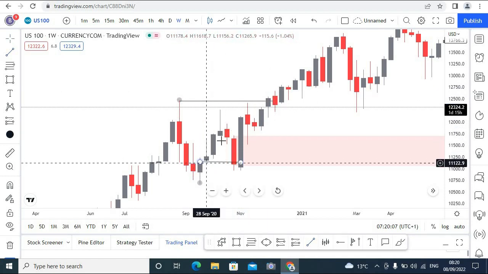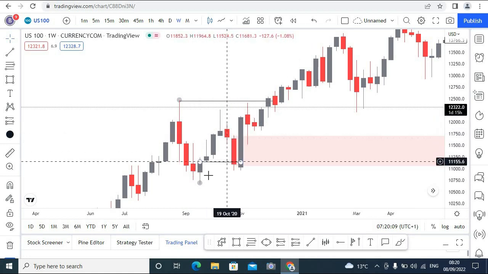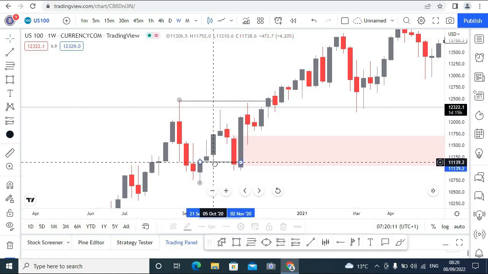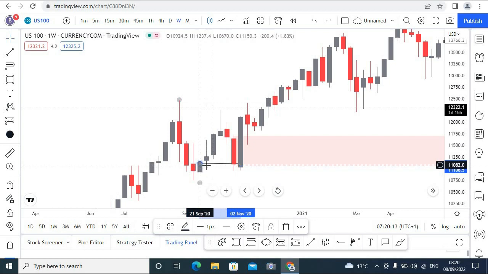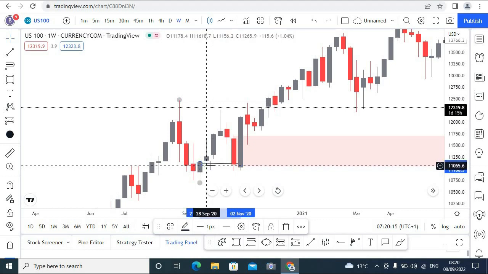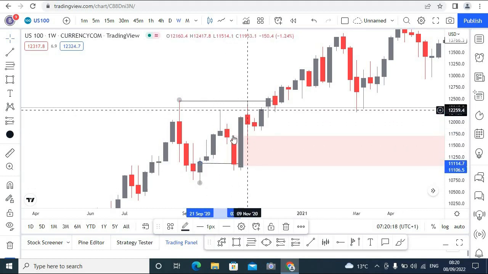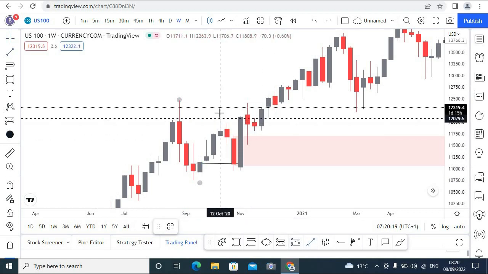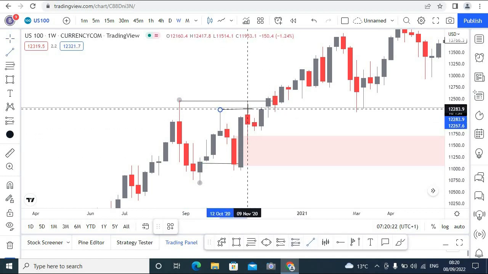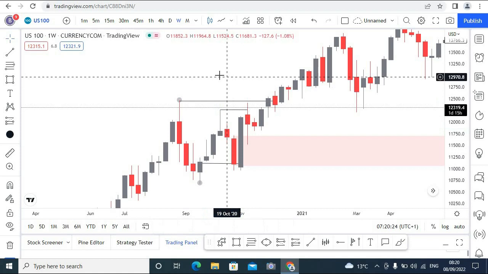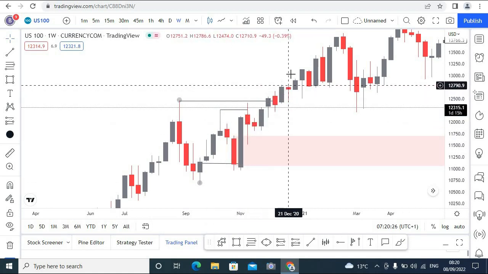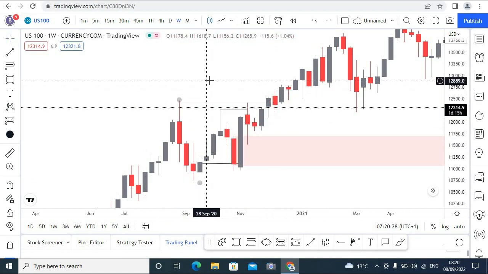And now you can see that in this substructure we did have a mitigation of the first candlestick which was created by the price right at the swing low, and then the price continued going up. We also did have a break of structure in between that swing high and the swing low, and then you can see the price continued going to the upside.